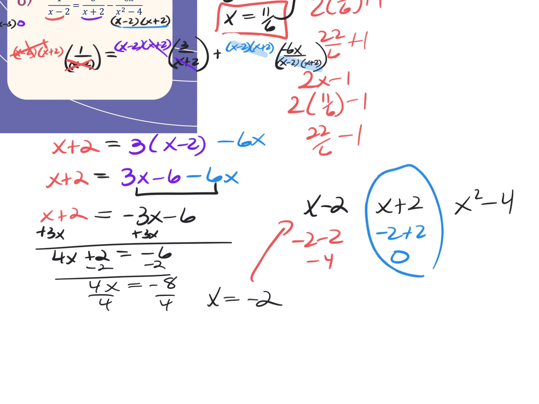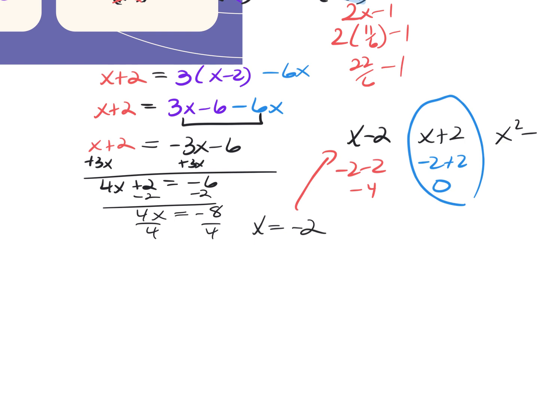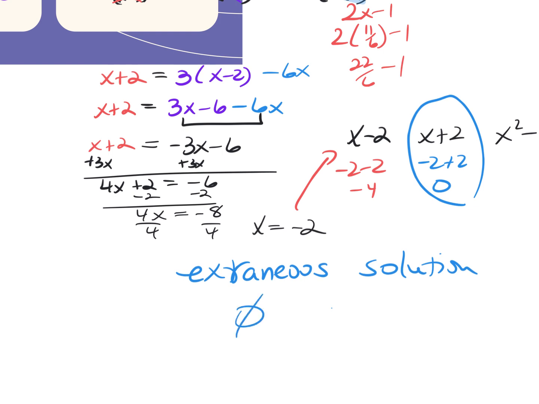I don't even need to check the last one, but it will also give me a 0. So this answer of x equals negative 2 is extraneous. This is an extraneous solution. So the answer here is no solution, DNE, does not exist.